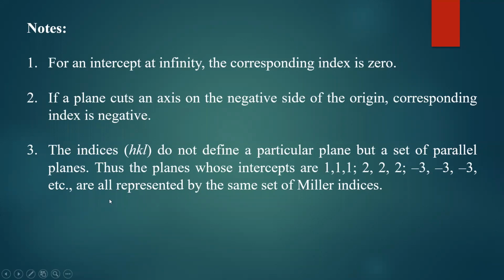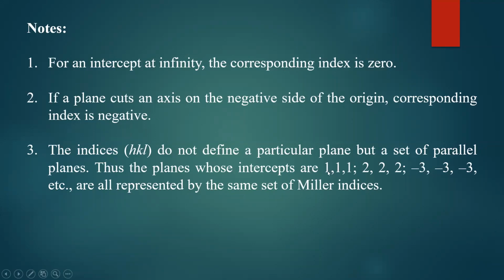So they are all represented by the same set of Miller indices because they have common multipliers. Therefore, HKL define the set of parallel planes. Even though intercepts are different, they will give you the same Miller indices.